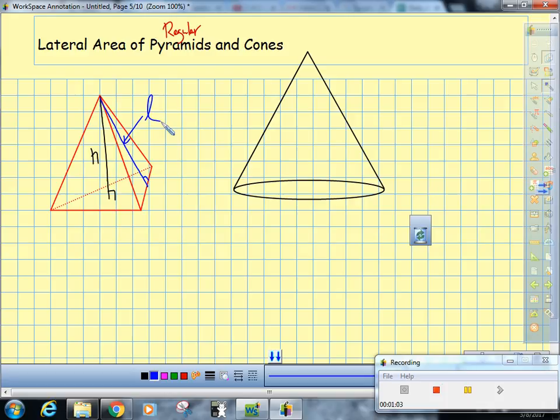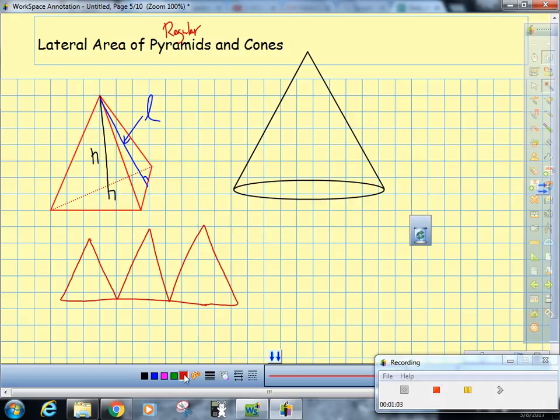So what you should imagine is that if we cut and unpeeled the sides of that pyramid, you would get what's called a map that looked just like that. Could you imagine that? Okay?